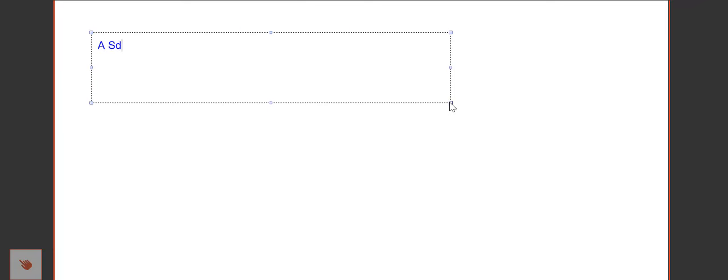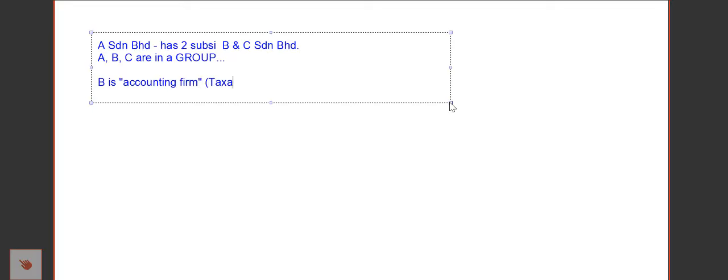Now, let's say A Sendirian Berhad has 2 subsidiaries, B and C Sendirian Berhad. So A, B, C are in a group. Now B is an accounting firm. Technically, providing accounting is a taxable service.